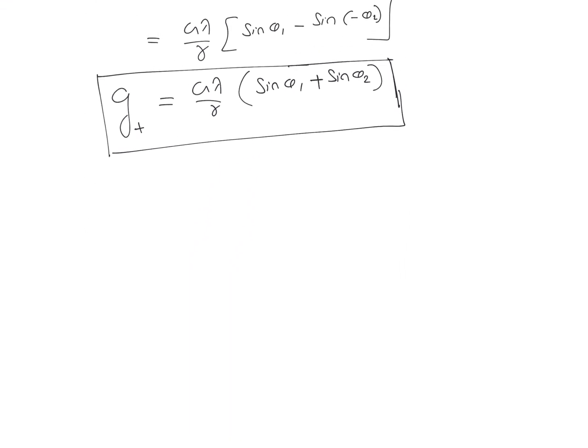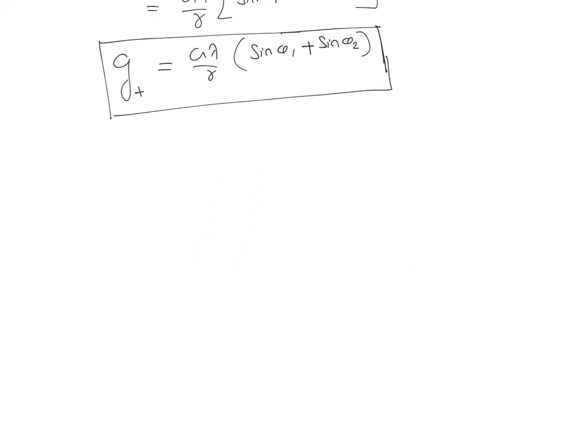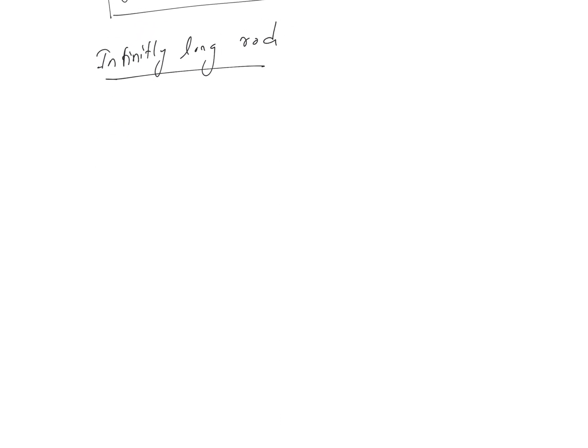Now if you are considering an infinitely long rod, that means in some questions they will give that there is an infinitely long rod or infinitely long thread, then we can observe how this limit is going to change.